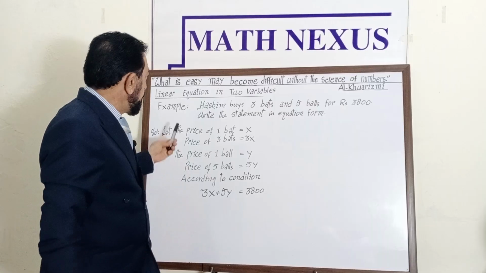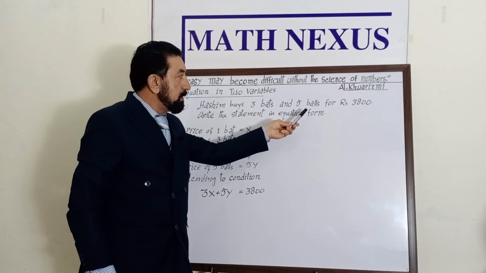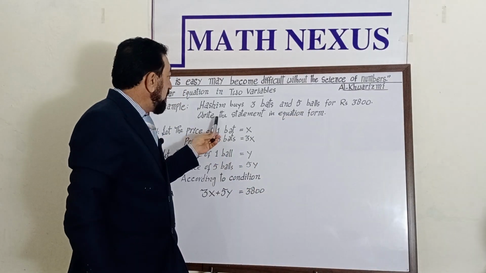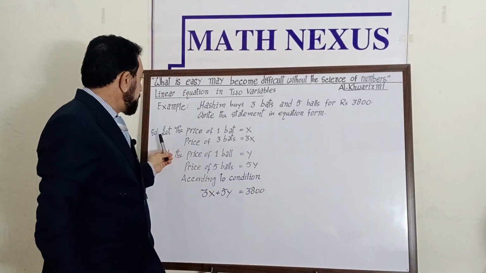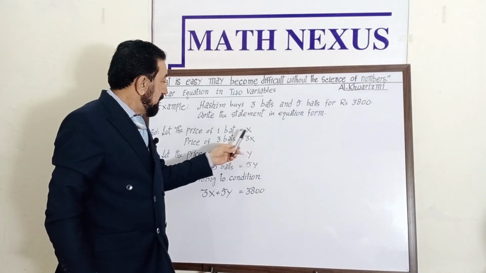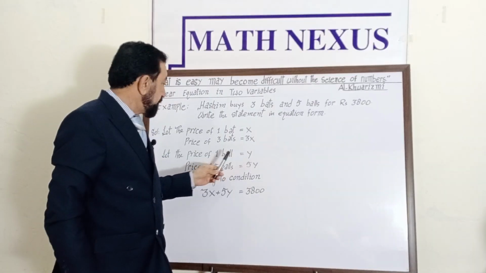Look at the example. Hashim buys 3 bats and 5 balls for rupees 3,800. Write the statement in equation form. Solution. Let the price of 1 bat be x, and the price of 3 bats is 3x.